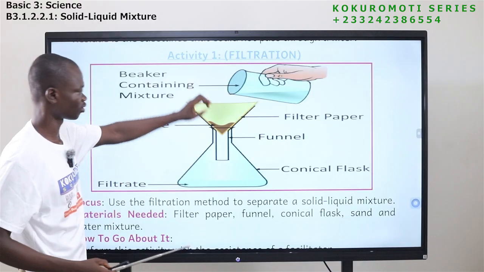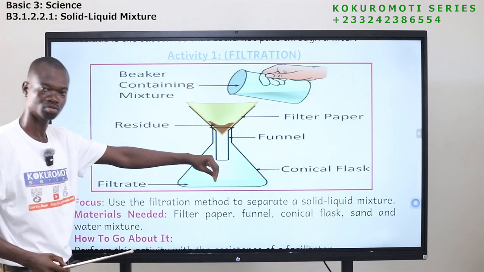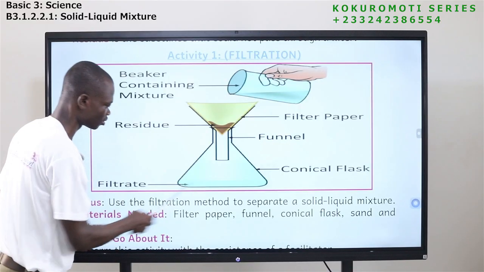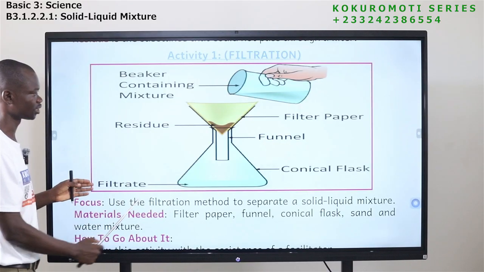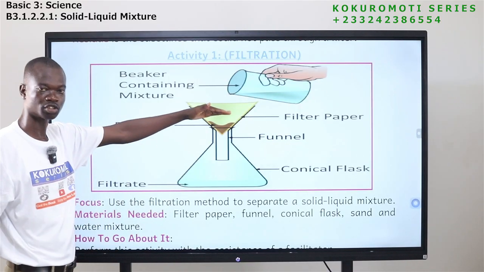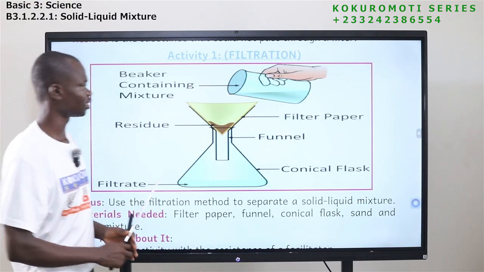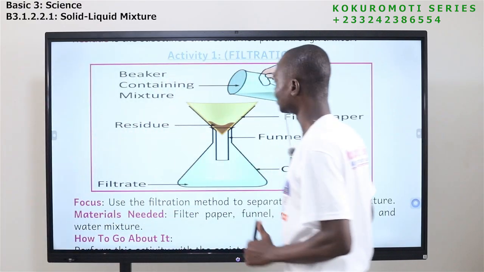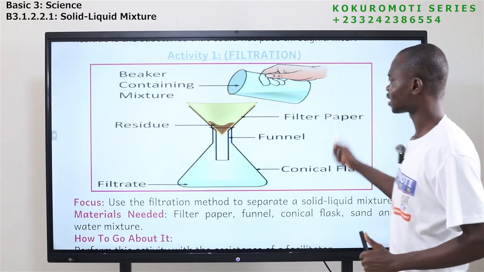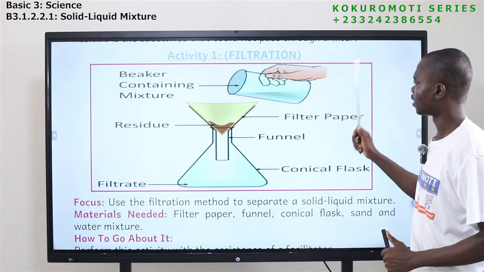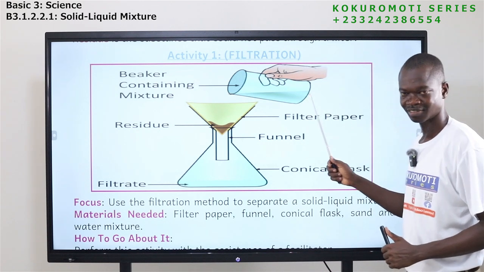And then the water will what? Pass through, flow through, and then come to this side. The water that we collect here is what we call the filtrate. The solid that will remain on top of the paper is what we call residue. So let's assume that this is a mixture of water and stones.